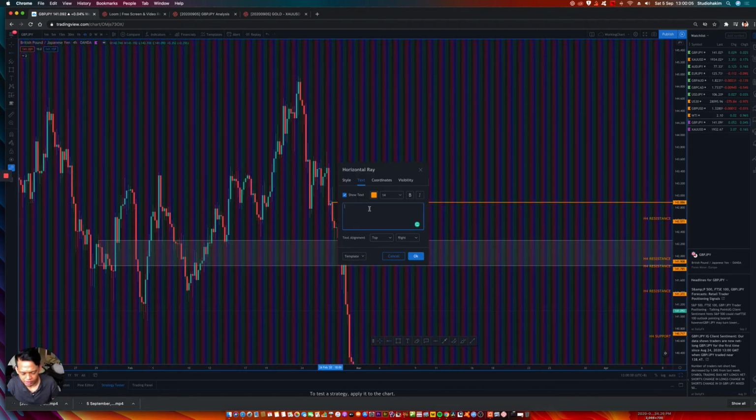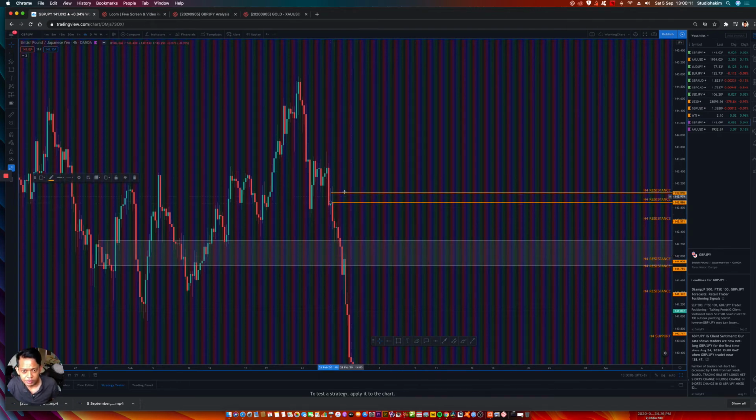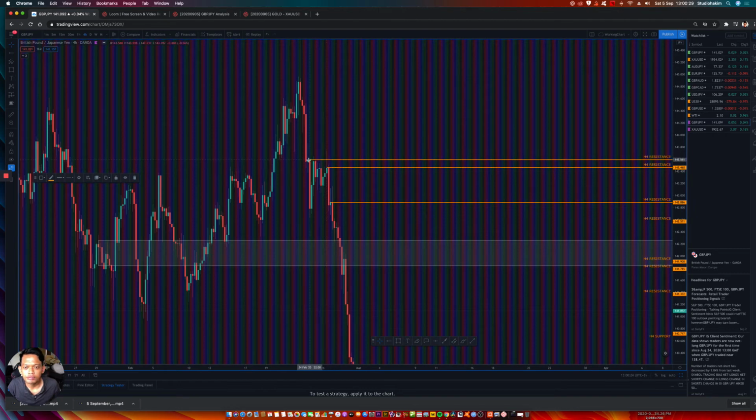Here I want an H4 resistance and potentially going up to here, H4 resistance. So there's a lot of traffic here. You might see some more reaction here. And what I normally do is looking for clean candles in H4.